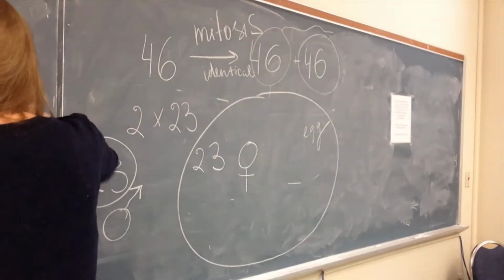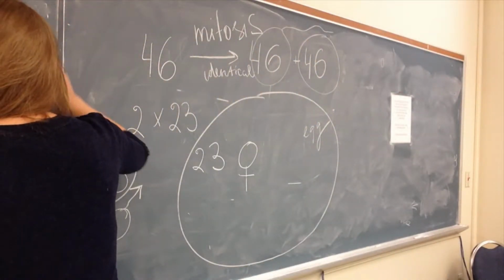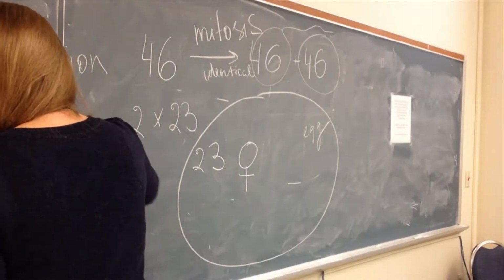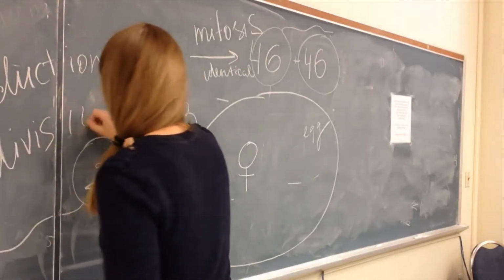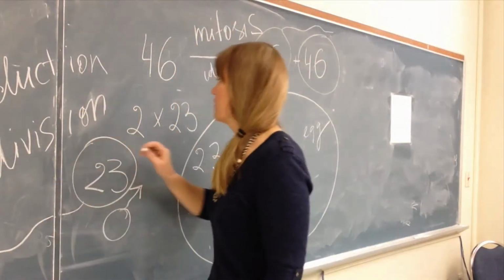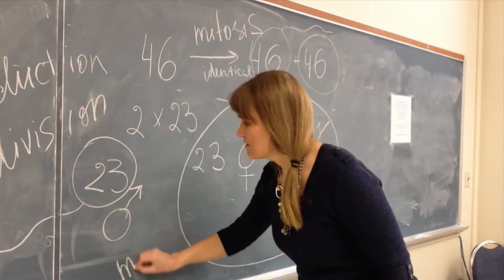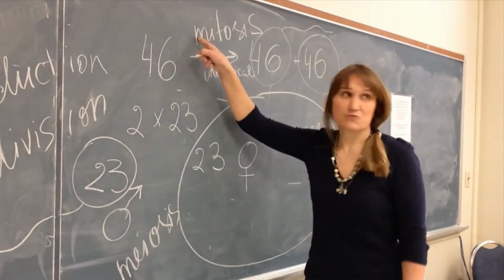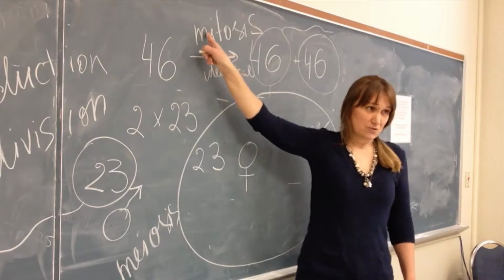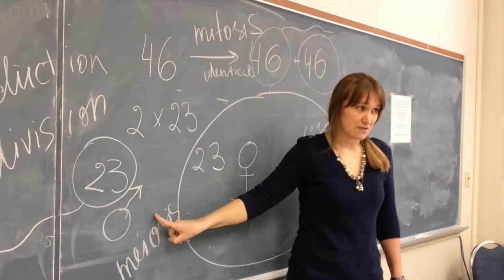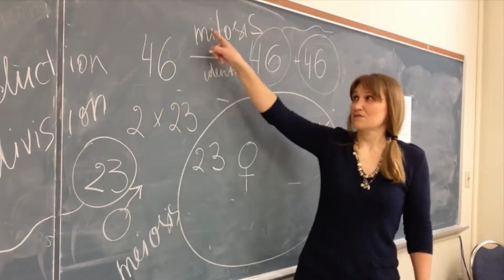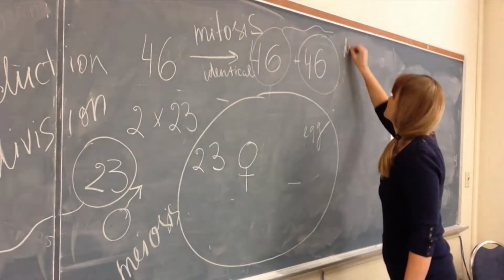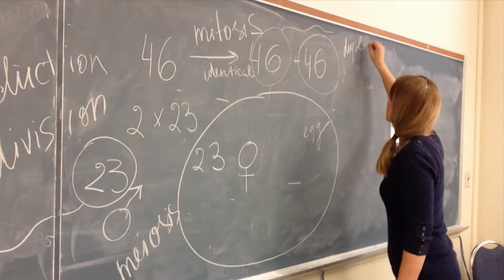it's called reduction division or meiosis. Meiosis. Don't get confused. Mitosis, meiosis. This is called duplication division.